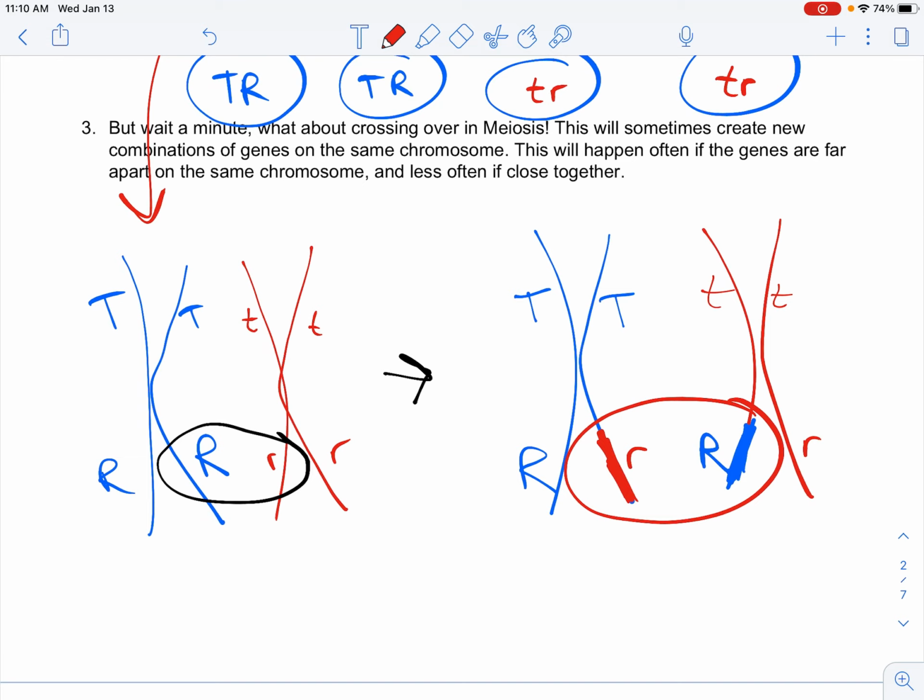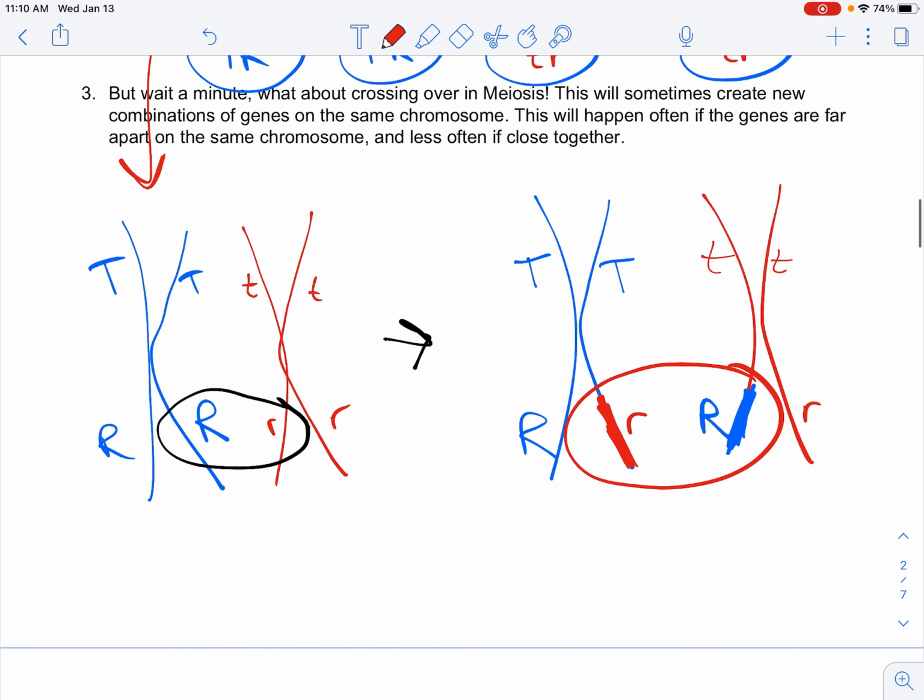Another idea is that crossing over happens more frequently if the genes are farther apart from each other. So like if you have the T up here and the R down here, there's a lot of space between them, and so it's more likely that they'll cross over and you'll get combinations that are different. If you have like the T here and the R here, the chance of making a break right at that spot is less likely, right?